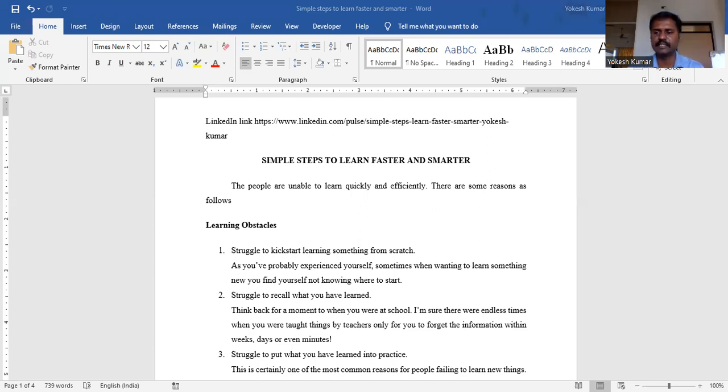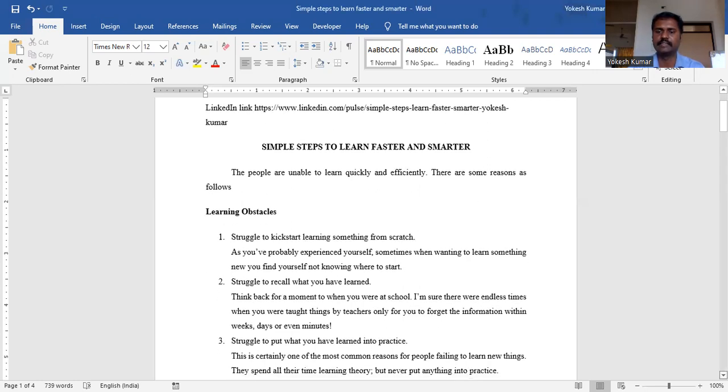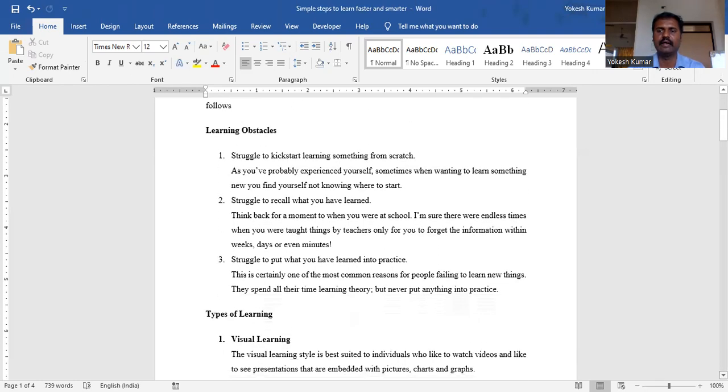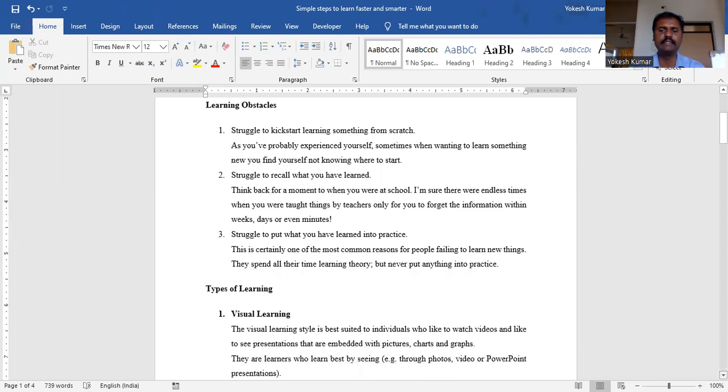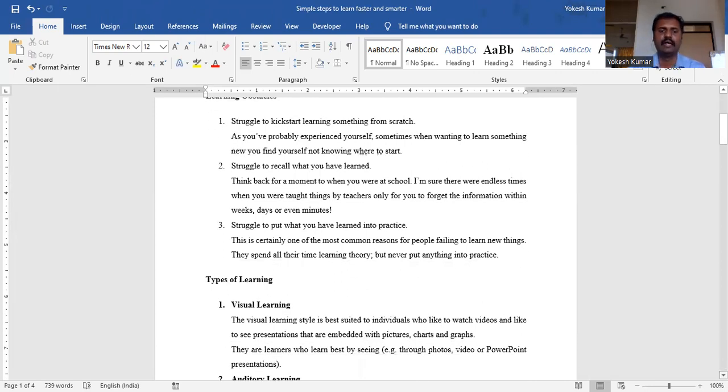Then the third obstacle is struggling to put what you have learned into practice. So we are learning many things. This is certainly one of the most common reasons for people failing to learn new things, because they spend all their time learning theory, but they're never putting it into practice.